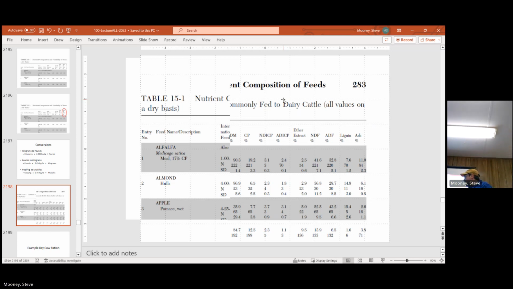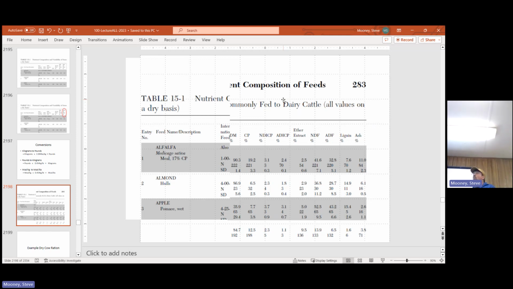Standard deviation, SD, talks about the variability of that data set around the average. The bigger that number is, the wider the data set is. Who here has done standard deviations? So you guys in stats. So dry matter is not going to vary all that much. It's a dry feed. They all come in around 90, give or take a few points.